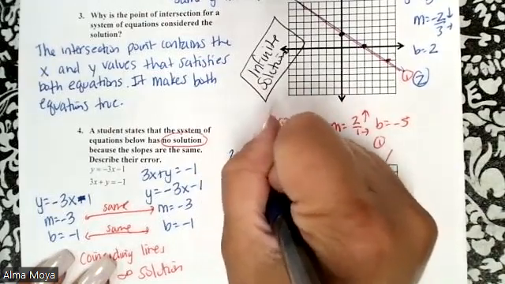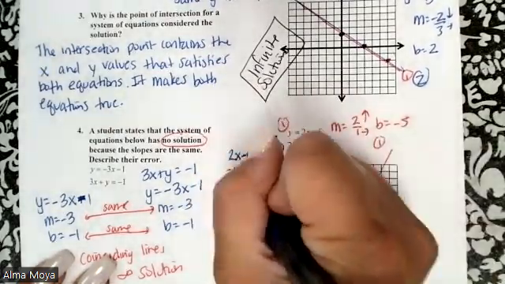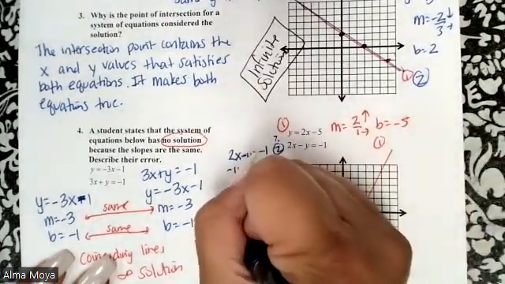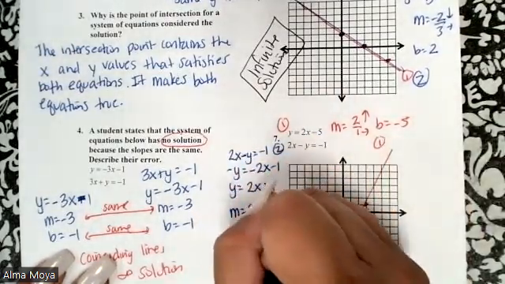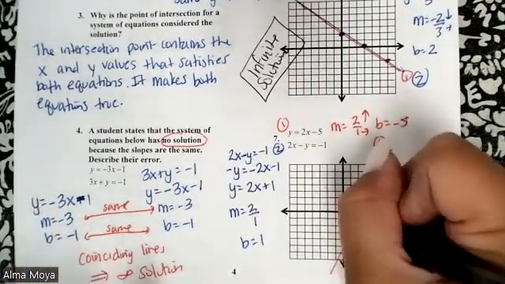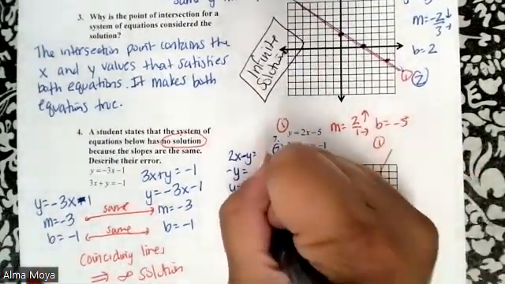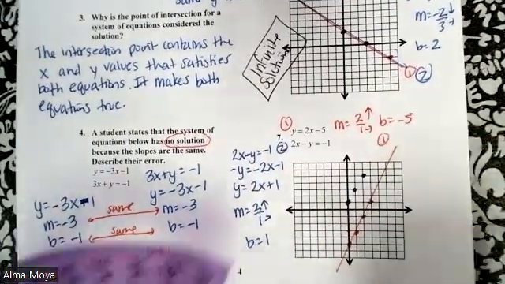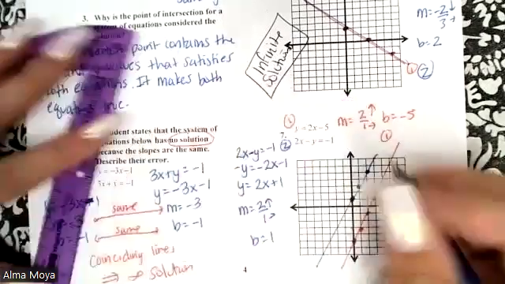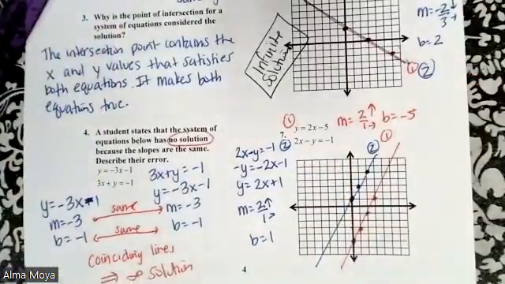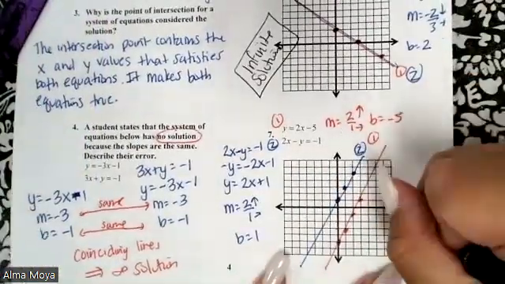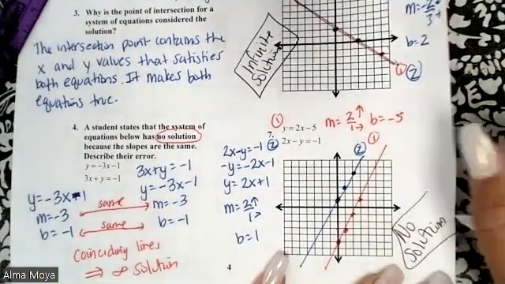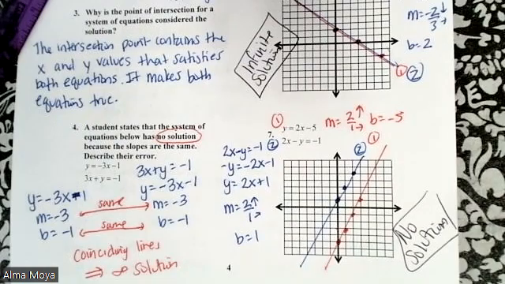So I have -y equals -2x minus 1. And then I'm going to change all my signs. So here my m is going to be a +2/1. My b is going to be a 1. So my y-intercept is at 1. And then I'm going to go up 2/1. And I notice that the lines are parallel this time. So because they're parallel, this is no solution. They will never cross each other. And that concludes our notes.